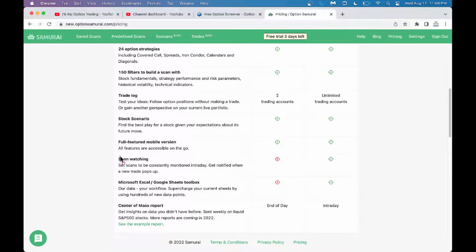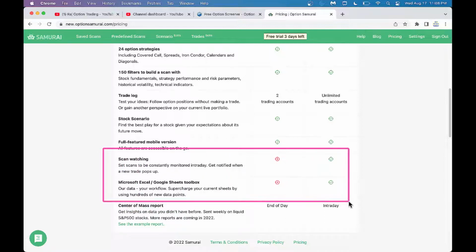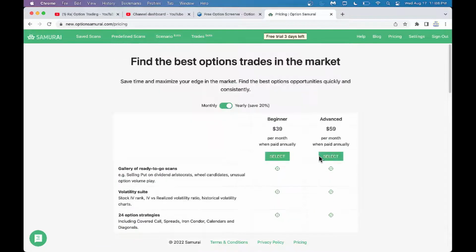And also, if you want Microsoft Excel, Google Toolbox, then you pay a little bit extra. But for the majority of the folks, you can go with the $39 with the annual paid option. It's a very good option to go with. One of the cheapest option scanners out there. You could go with it.